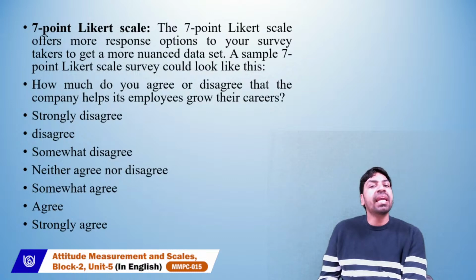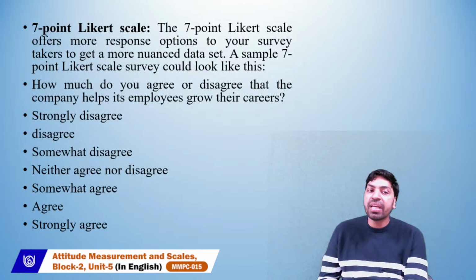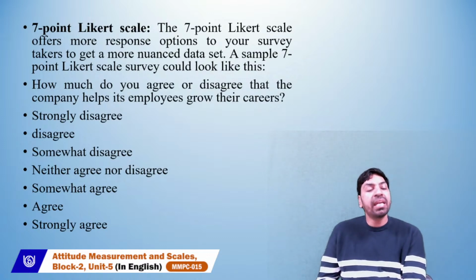The 7-point Likert scale, and this is how it looks. How much do you agree or disagree the company helps its employees grow their career? Strongly disagree, disagree, somewhat disagree, neither agree nor disagree, somewhat agree, agree, and strongly agree.